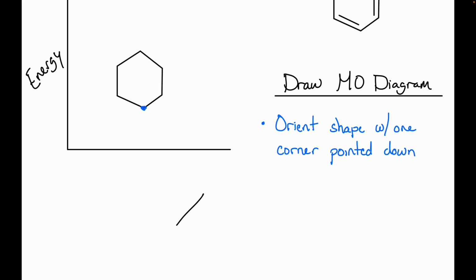Different from, say, how I tend to draw a 5-membered ring, where on the bottom here, I tend to draw it such that it's flat on the bottom. Importantly, what I would have to do if this was a 5-membered ring then is turn it such that one of those corners was pointed down, right? So we're going to take whatever shape we're working with and we're going to turn it such that one of those corners is pointed down.